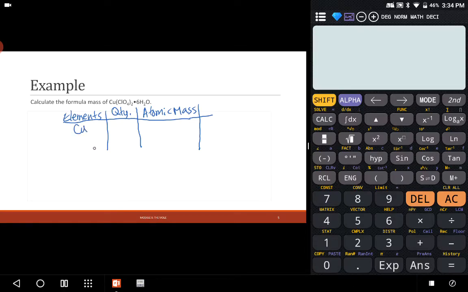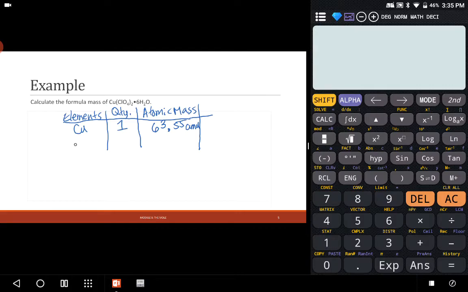I have 1 copper in that chemical formula, and that is 63.55 AMU according to my periodic table.